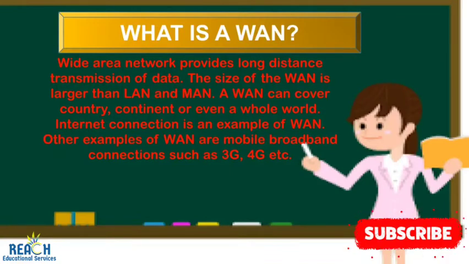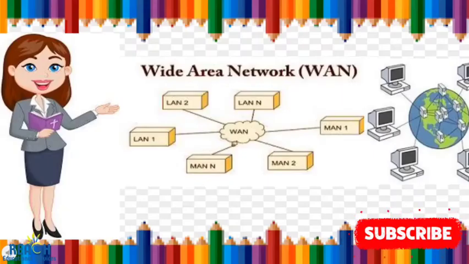Can you imagine? So, after hearing what wide area network is, you think you can give me the most common example of wide area network? Yes, the WWW, the World Wide Web. Perfect. So, a wide area network consists of several local area networks and metropolitan area networks connecting to each other.